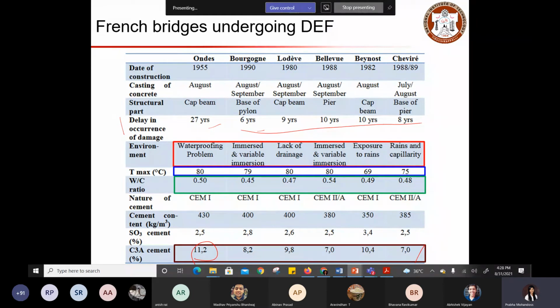These are some surveys that indicate several bridges are undergoing delayed ettringite formation, where the temperature could range from 60 to 80 degrees Celsius. Please go through this in detail so you can understand the mechanism behind it. In such cases, using less C3A cement would be helpful.